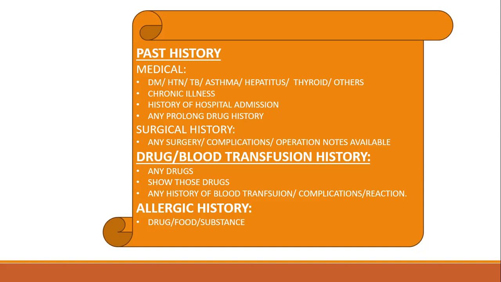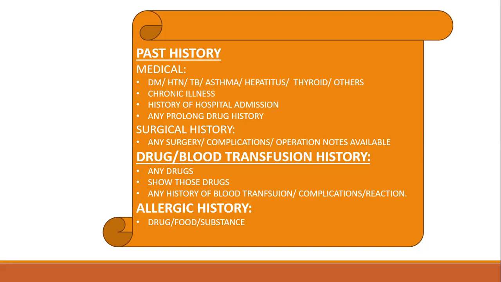So just inquire about the comorbidities. Regarding the past surgical history, ask about any surgery she has had so far, the complications related to that surgery, and whether the operation note is available or not. Whenever there is any record of a hospital stay or any surgery in the past history, ask whether the record is available or not. This is an important point in your history.